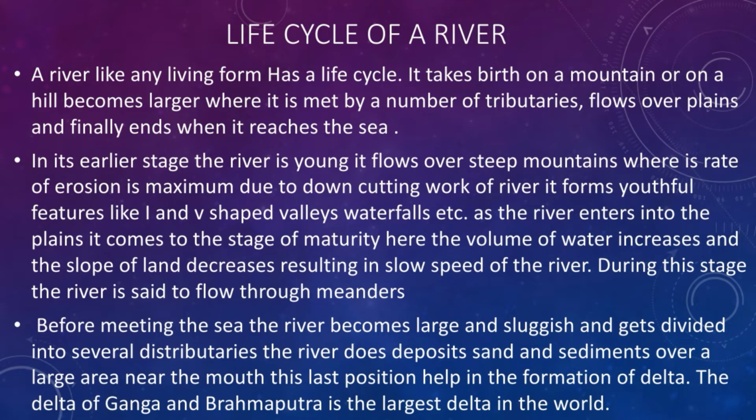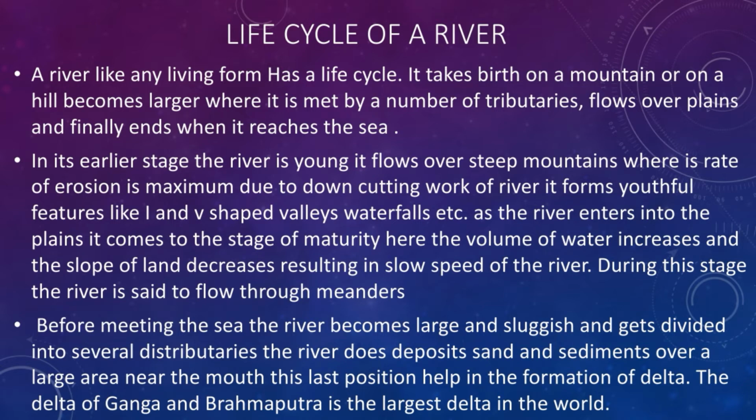Then, before meeting the sea, the river becomes large and sluggish and gets divided into several distributaries. Distributaries, we have just learned what they are. So, distributaries are when the main river disintegrates into small parts.